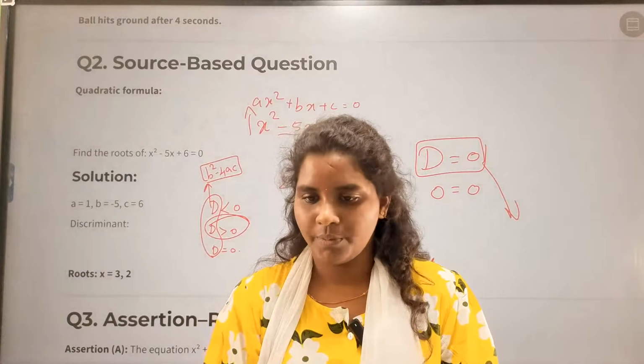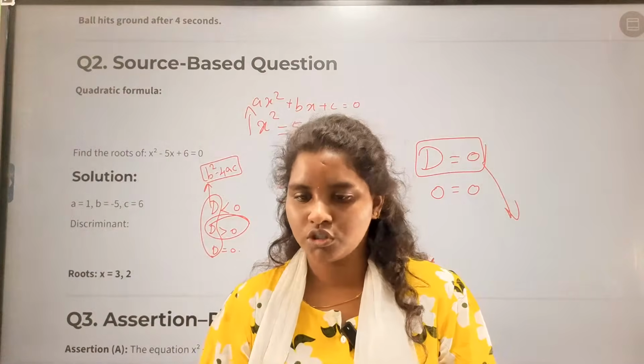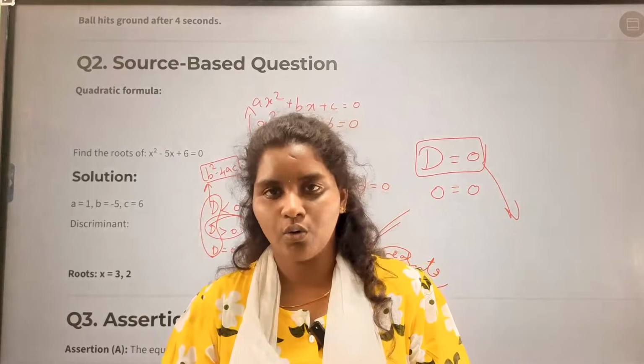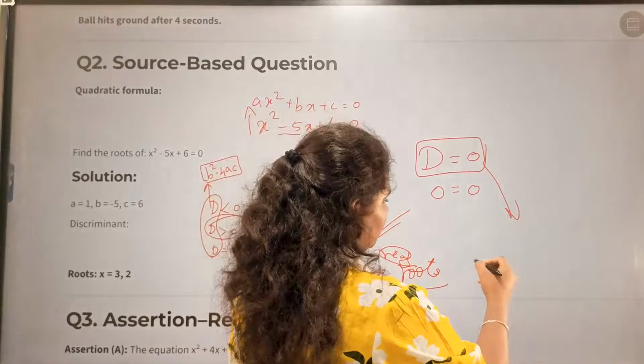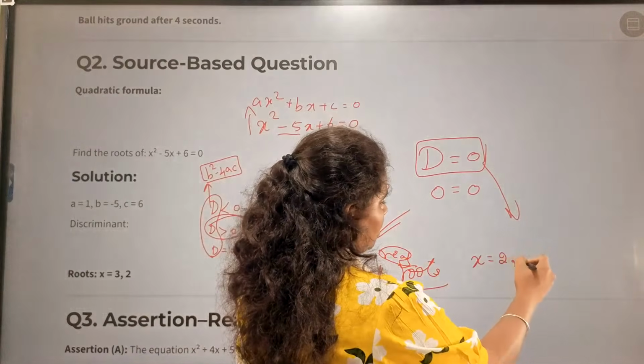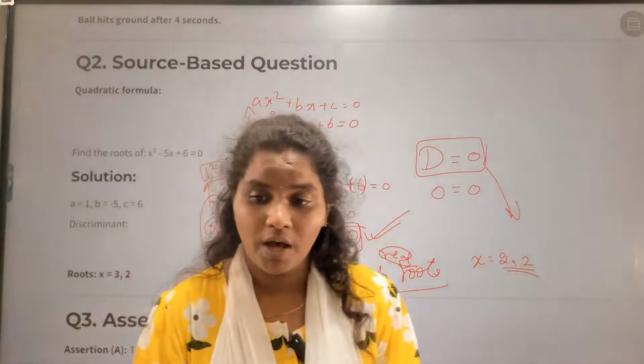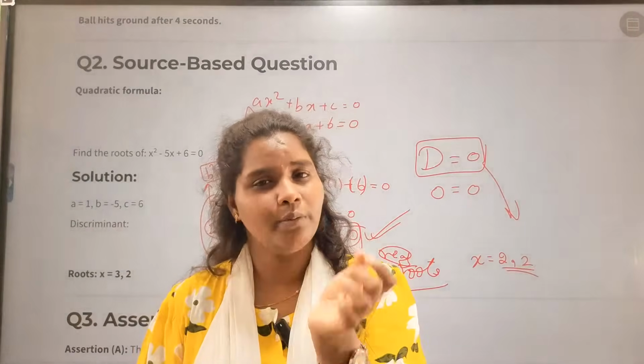If the discriminant is equal to 0, the solution will be equal real roots, right? Equal. For example, x is equal to 2 comma 2. So both the x values will be equal under the condition discriminant is equal to 0.